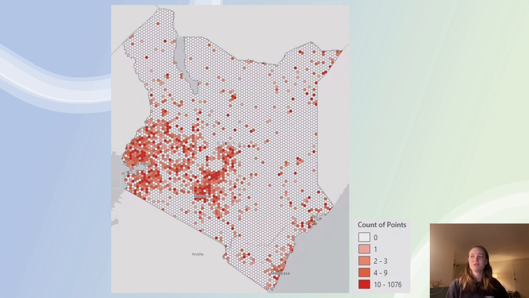For example, I do personally feel that the hex bins are a little bit too small. And so I would probably enter a little bit of a larger size compared to the default. But I think that this is already showing some really strong patterns that can be gleaned very quickly.